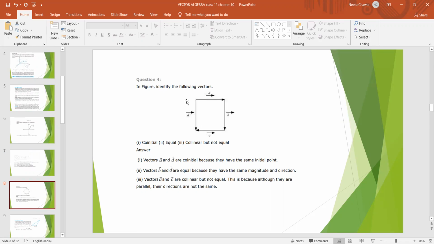See here, a and d have the same initial point, so they are co-initial vectors. Equal vectors are b and d because their magnitude is the same as well as their direction. And the collinear vectors are a and c because they are parallel vectors having different directions, but they are parallel to each other.